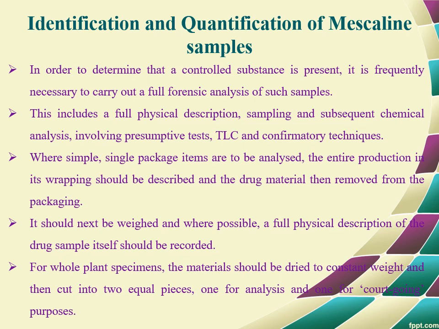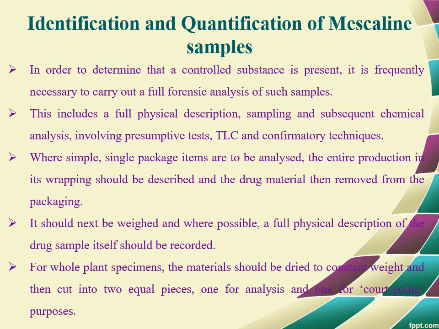In order to determine that a controlled substance is present, it is frequently necessary to carry out a full forensic analysis of such samples, which includes full physical description, sampling, and subsequent chemical analysis involving presumptive tests, TLC, and confirmatory techniques.